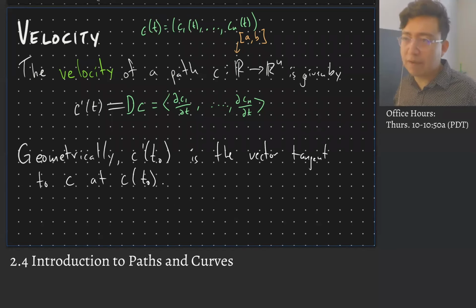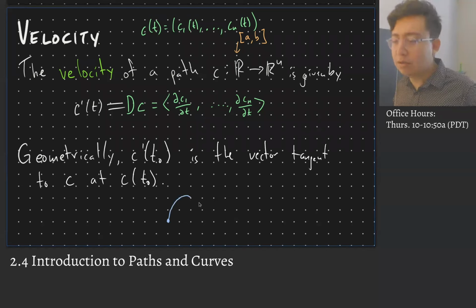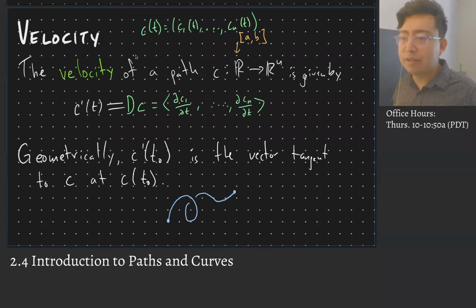So you kind of have this path. If you remember the cover page for these notes, you have some path and you're kind of just going along, and you're doing whatever. And then at some point, let's say here, we have t naught.